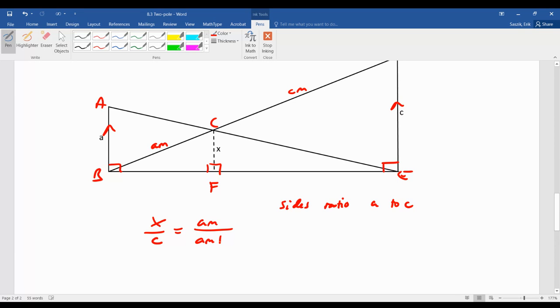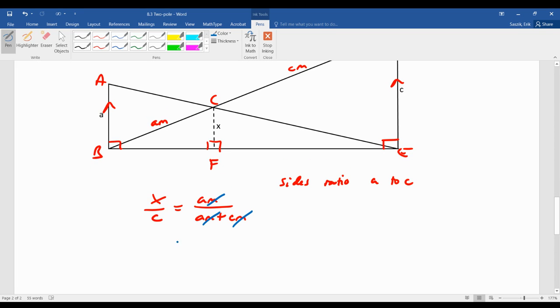Remember, that whole hypotenuse would be AM plus CM. And I hope you realize here on the right side that these M's would just cancel out. And now you can cross multiply. You get x times (A plus C) equals AC. You're solving for x, so we're going to divide by this quantity.